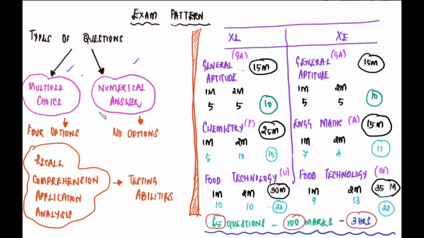You will have questions of either of these two types, and the questions are set based on different abilities. One is recollection, where questions are set to recollect certain facts or figures that you have already learned.